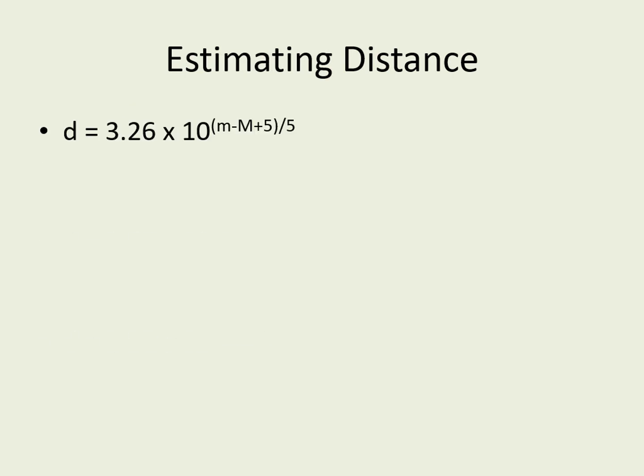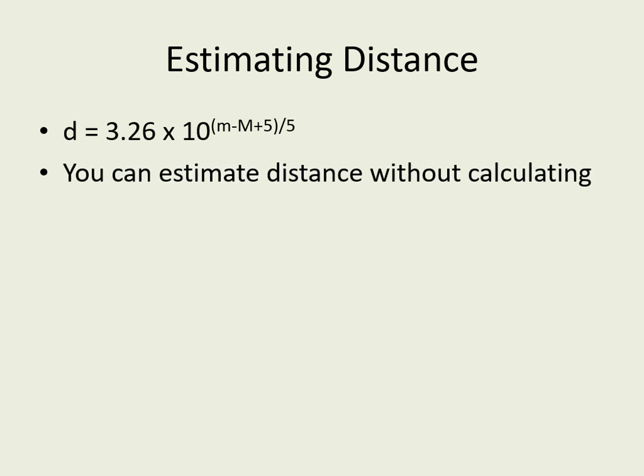We've seen how to calculate distances, but sometimes you don't really need an exact calculation. You just want to get a sense of whether a star is close or far. We can do that easily just by comparing the apparent and absolute magnitudes. First off, remember that absolute magnitude is defined as how the star would look if it were at our standard distance.